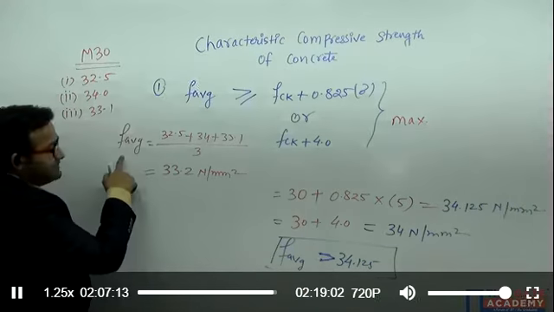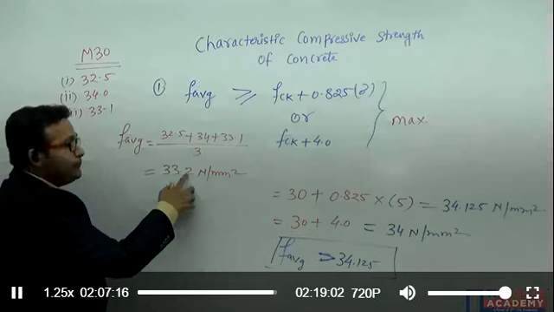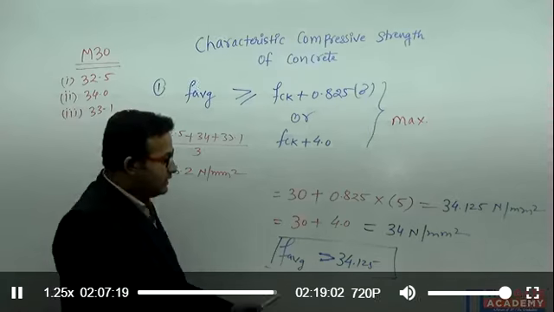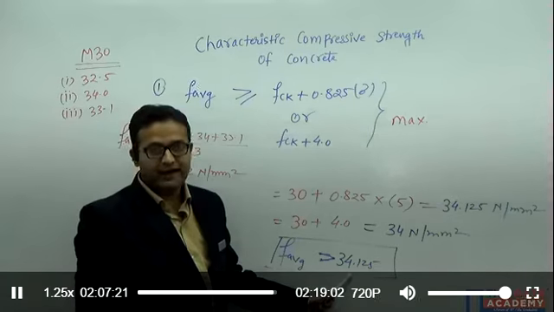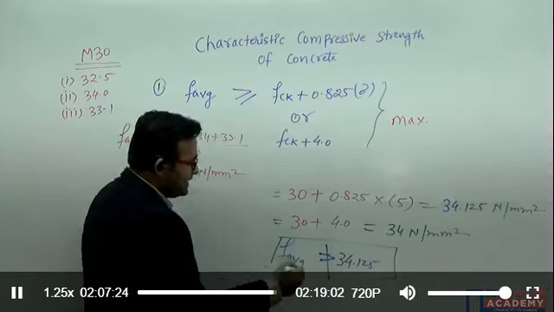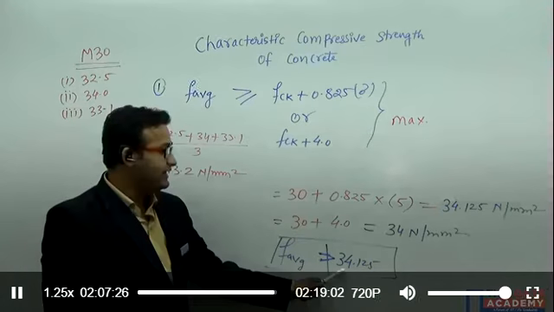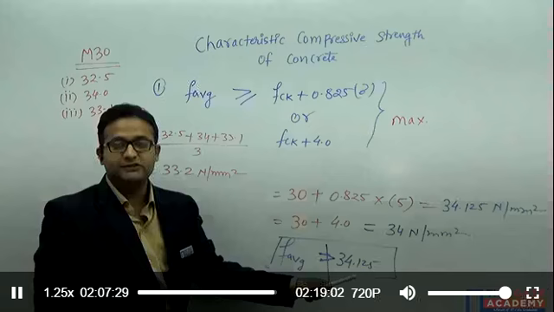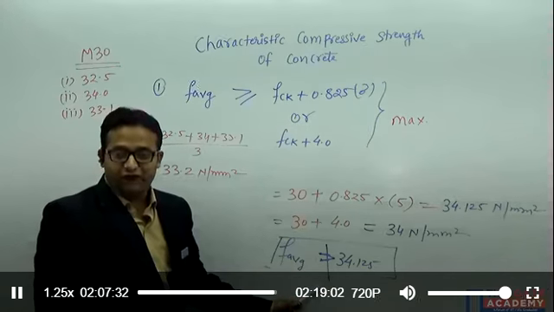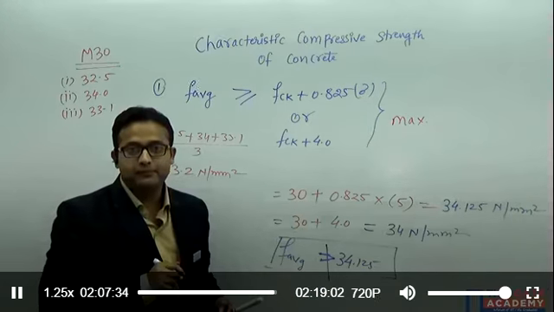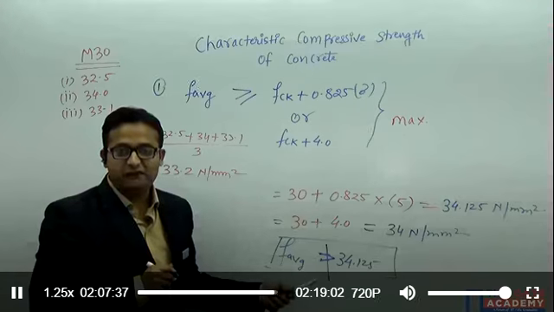But the value of f average here I am getting is 33.2, which is less than 34.125. Right? So that means your f average is not greater than 34.125. It means the concrete you have prepared fails in the first criteria. We could not satisfy our first criteria.